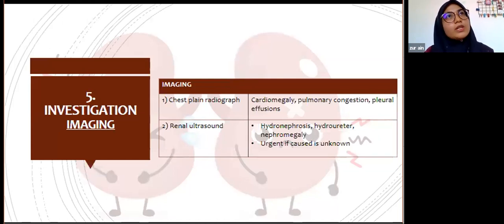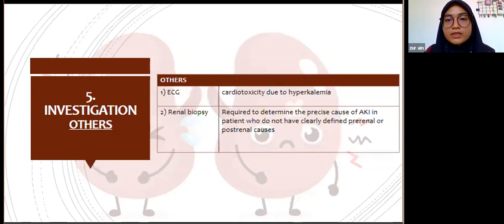Nephromegaly is if the disease is intrinsic. You can also do an urgent renal ultrasound if we cannot find any clear etiology of the AKI in children. For others, it's important that we do ECG because hyperkalemia can lead to cardiotoxicity, as well as renal biopsy for any unclear cases.